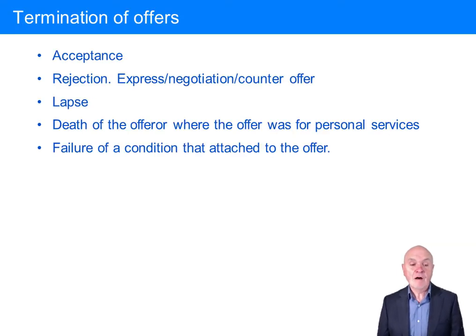How can offers be terminated? Well, acceptance. So it's all over and done with. If you say, yes, I'll buy your car for $12,000. Rejection. And rejection can come in a number of different ways. Rejection can be, no, I won't buy your car for $12,000. Or rejection is essentially, no, I'll buy your car for $11,000.